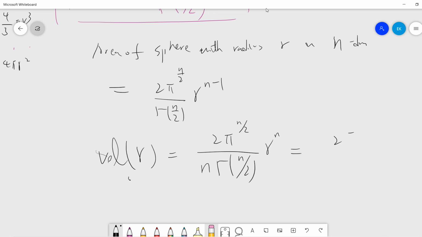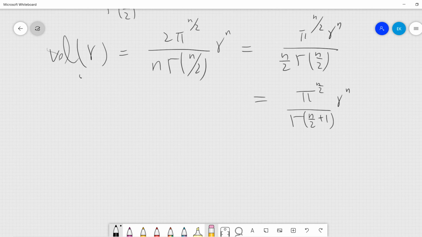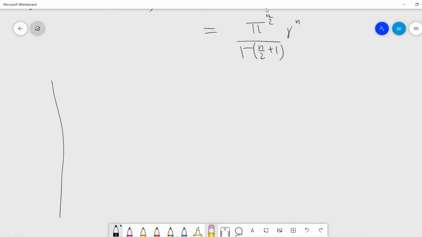So this is what we have. Amazingly, this can be written as n over 2 times gamma of n over 2. So this is pi to the n over 2 over gamma of n over 2 plus 1, times r to the n. Let me summarize.